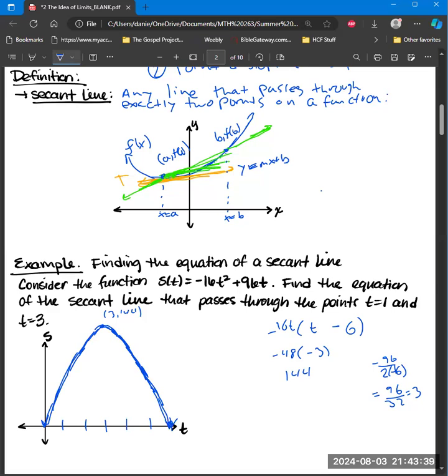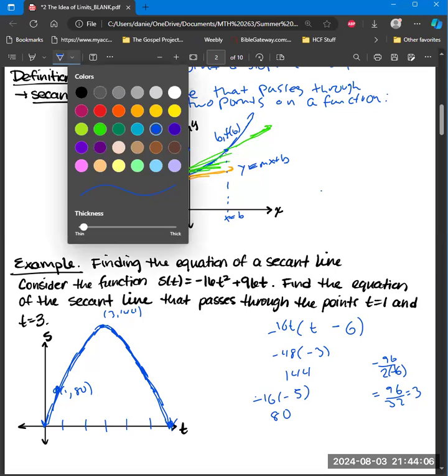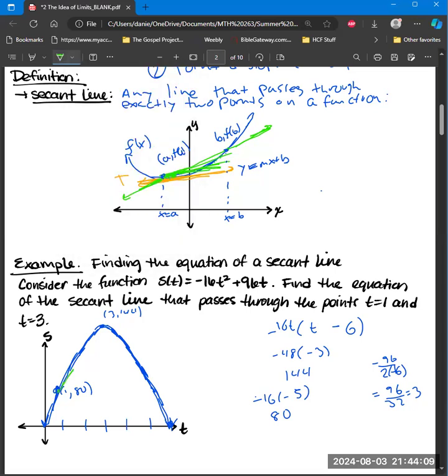And so we want to use one and 3, 144. So when I stick in 1, I get negative 16 times negative 5, which is a positive 80. So 1, 80. That's going to give me a secant line that's going to go through those 2 points.